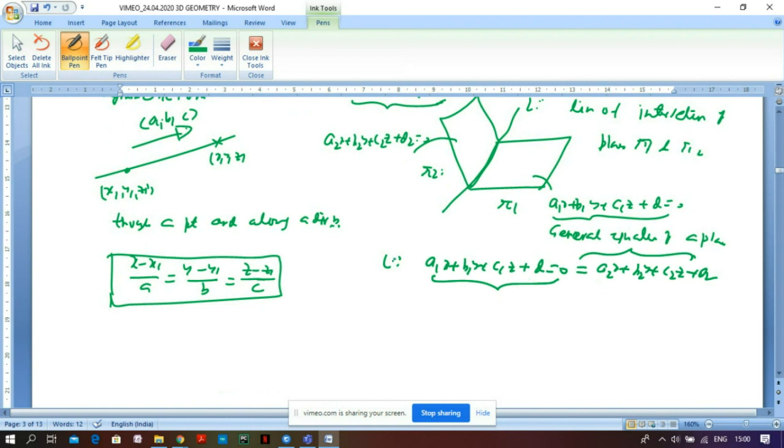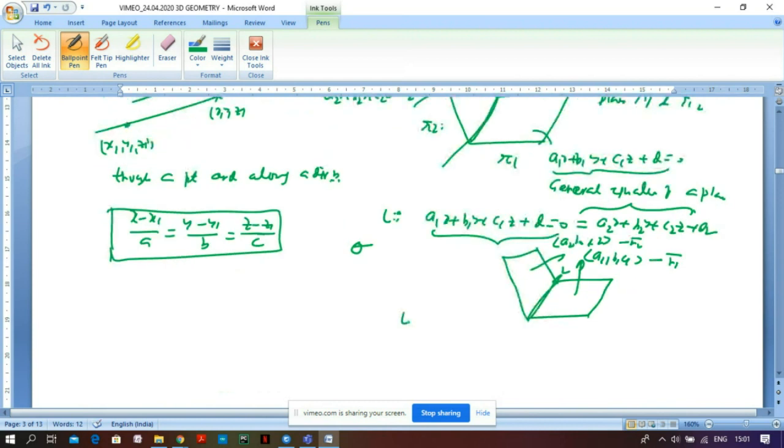I can of course always convert this line to symmetrical form. All I need to do is find one point and find the direction of the line. That we can easily do: once you have got these planes, we know that a1, b1, c1 is nothing but the normal to the plane. So direction a1, b1, c1 is like this. Similarly, a2, b2, c2 is also normal to plane pi 2. Call them n1 and n2.